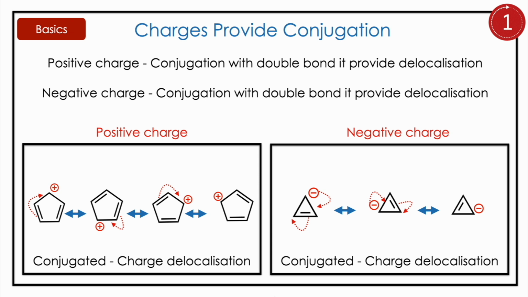Both help for delocalization. Here is cyclopentadiene with a cation, and cyclopropene with an anion. Both are cyclic compounds, conjugated. Avoid the confusion that it is not conjugated. It is conjugated. The charge travels.